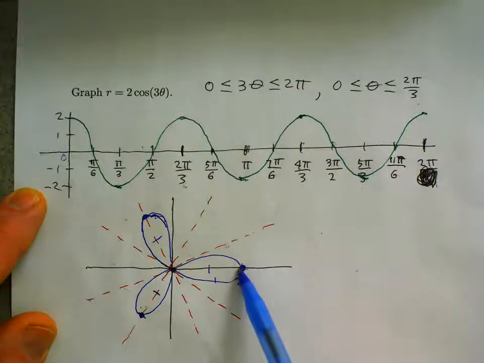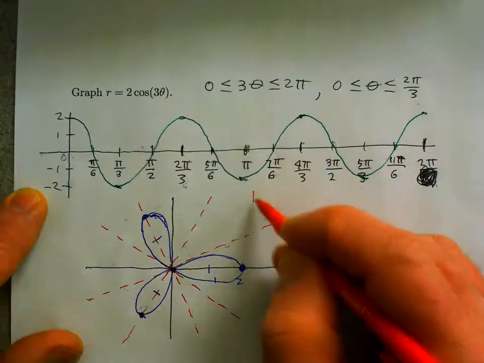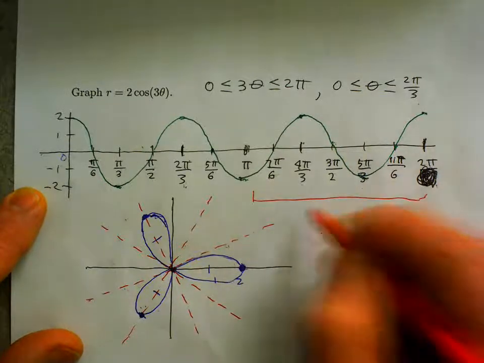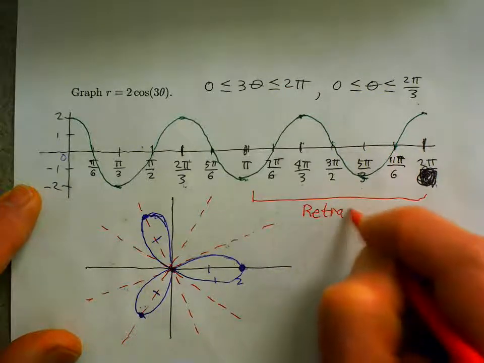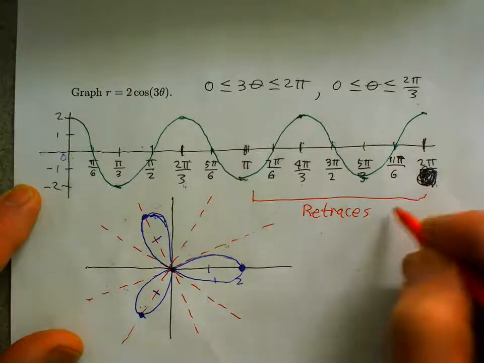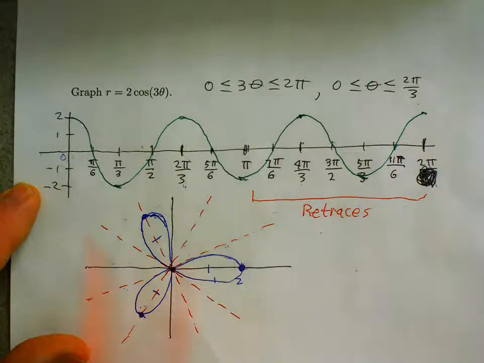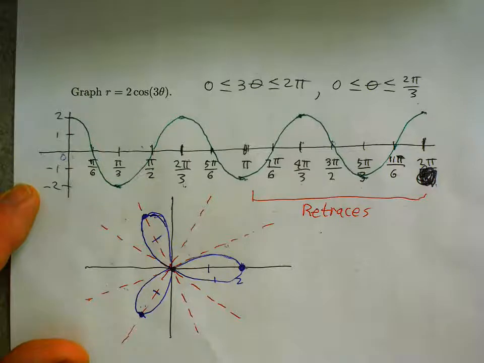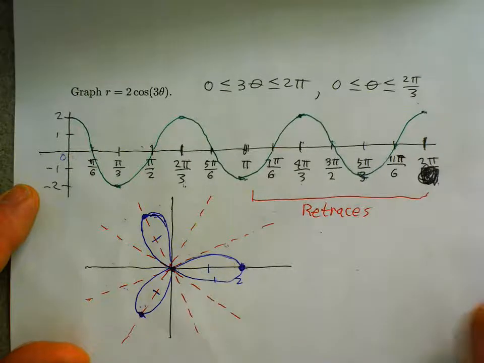The R value is -2, so it's opposite, and then it goes to zero. So I'll just make a note of that. This retraces the graph that we saw between 0 and pi. Okay, let's move on to the next page.